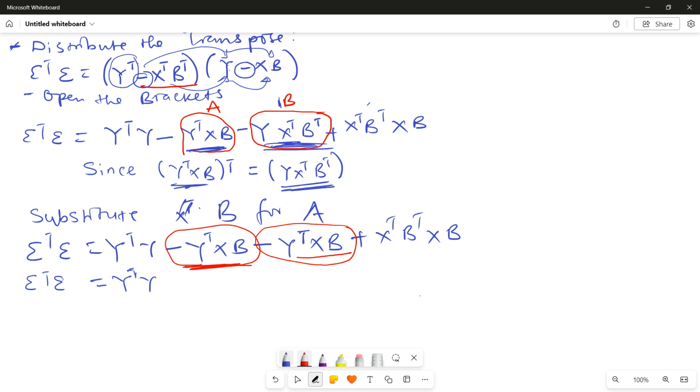So simplifying the two terms is just going to be minus 2 y transpose xb, and then we add that term there, plus x transpose b transpose xb. You see that? Why have we done this? It's because we can do the subtraction there, and the two are equal. It's like I say minus 1 minus 1, which is minus 2.